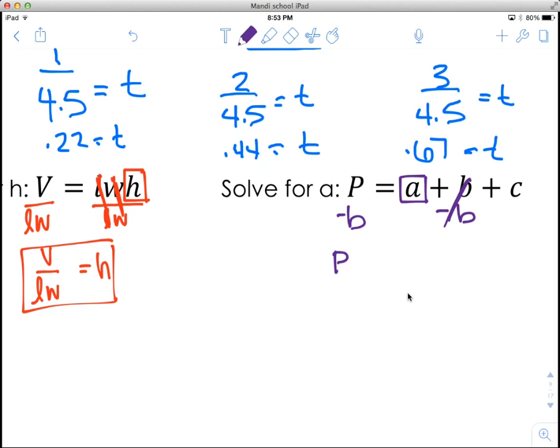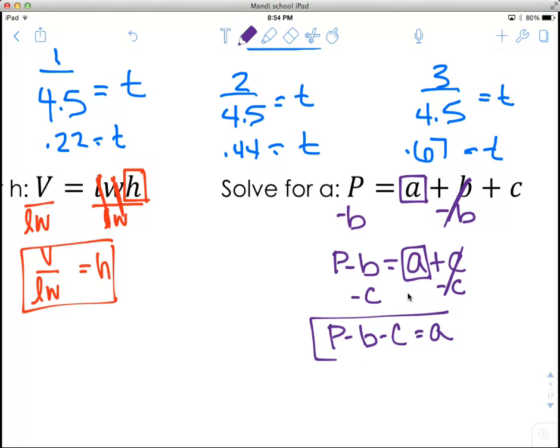So we have P minus B equals A plus C. So here's my A. I still have plus C. To undo that, you have to subtract C from both sides. P minus B minus C equals A.